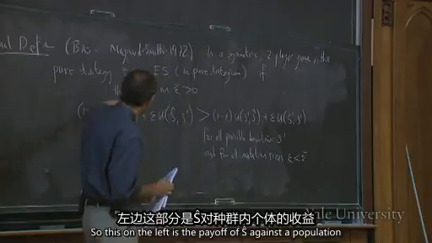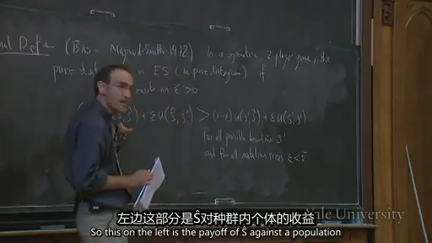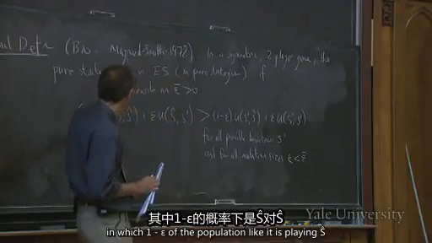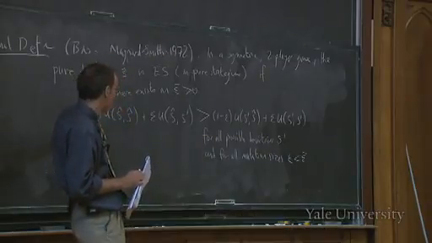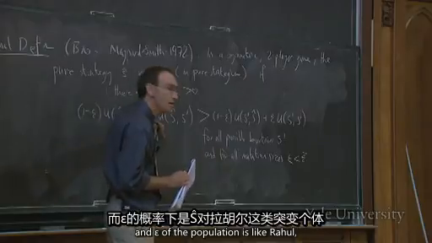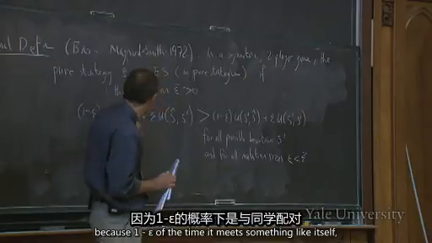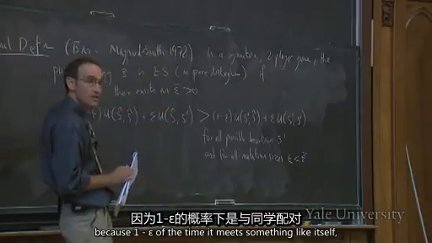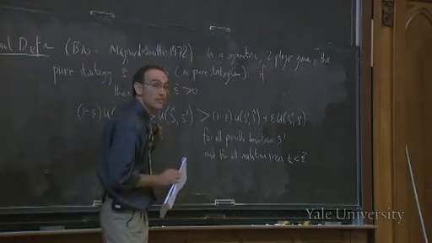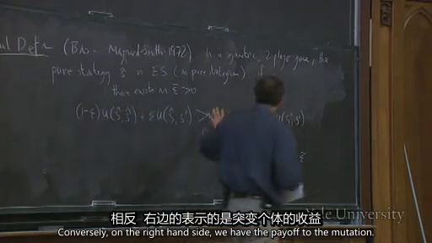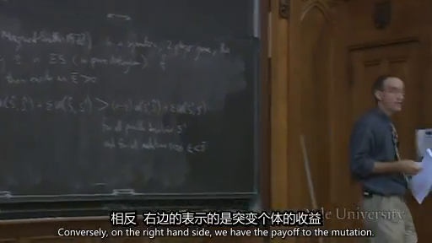So this on the left is the payoff of S hat against a population in which 1 minus epsilon of the population, like it, is playing S hat, and epsilon of the population is like Rahul. Right? Because 1 minus epsilon of the time it meets something like itself, and epsilon of the time it meets a TA.